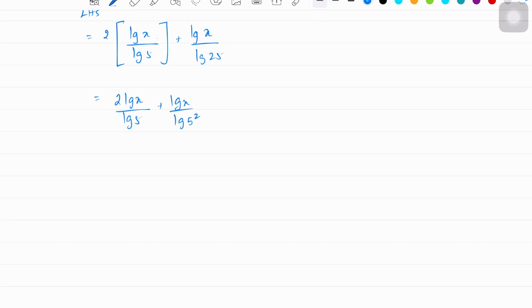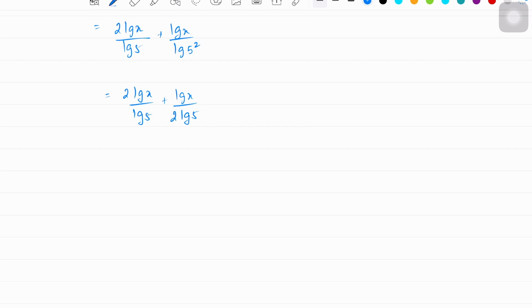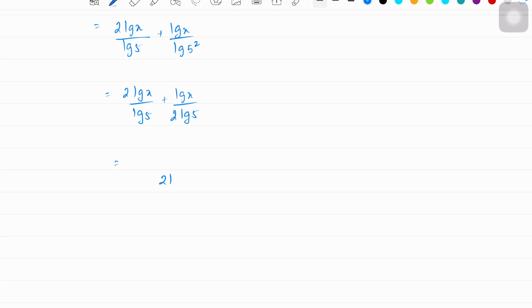Now this is 2 times log x over log 5 plus log x over 2 times log 5, again using power rule. Now let's take LCM, which is 2 log 5, and this will go 2 times, so this will be 4 log x plus log x. So that's equal to 5 log x over 2 log 5.